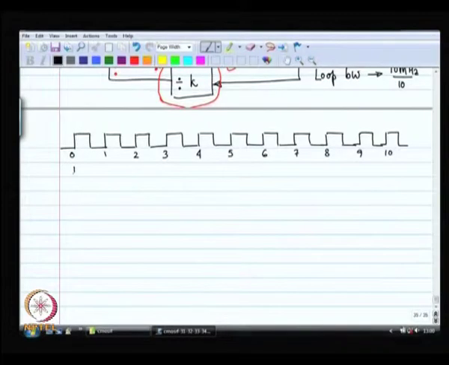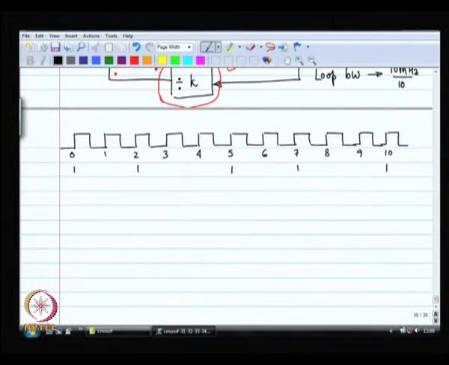Okay. It's a funny kind of situation. 2 clock cycles I am going to divide by 2. So, from here to here I am going to divide by 2, and the next 3 clock cycles I am going to divide by 3. Again for 2 clock cycles I am going to divide by 2, and for the next 3 clock cycles I am going to divide by 3.